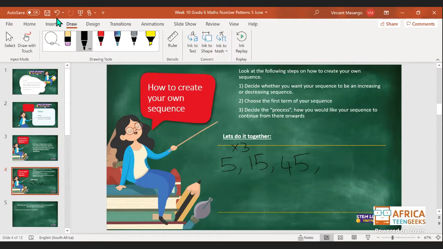What would be the third term if we just multiply the terms themselves by 3? Okay, so the next term that you need to multiply by 3 to get the next one would be 45. All right, 135.